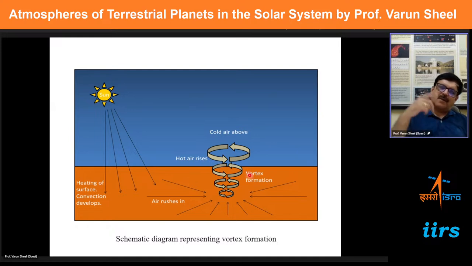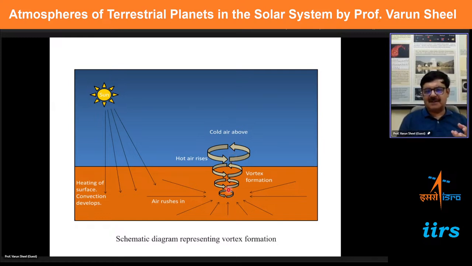And so it forms a helical kind of structure like vortices, which are seen on Earth also, like tornadoes, or something which has vorticity, and these are very predominant in the Martian atmosphere.